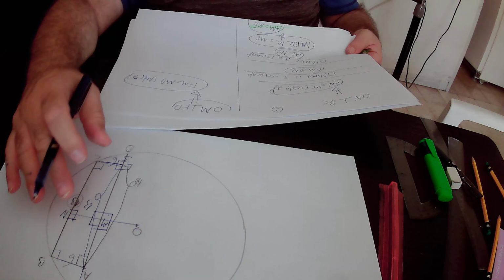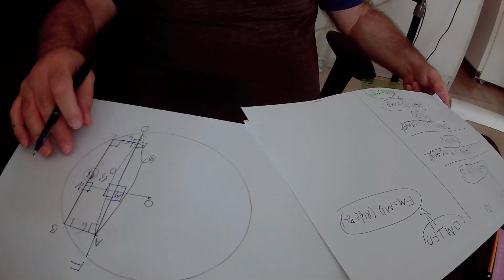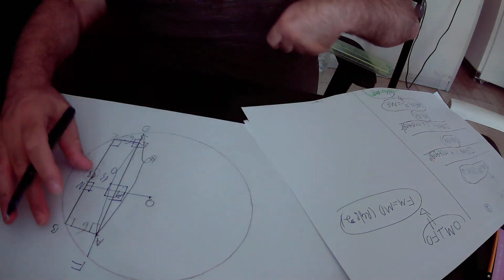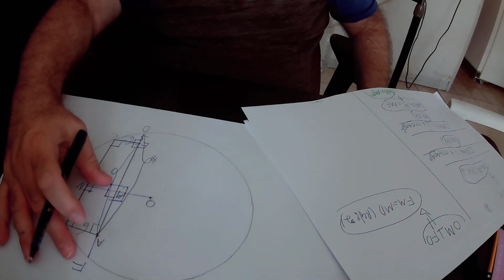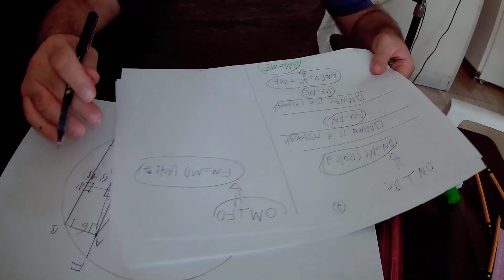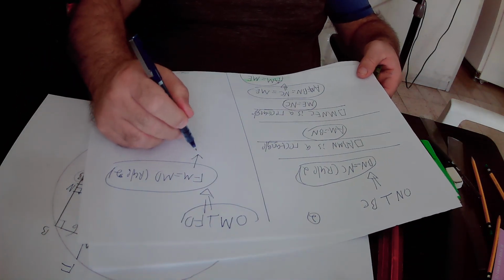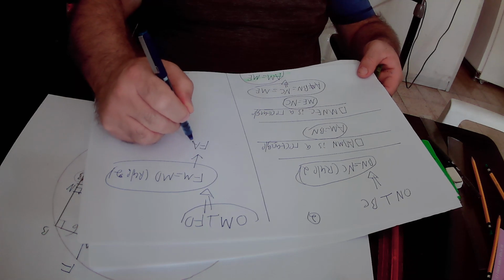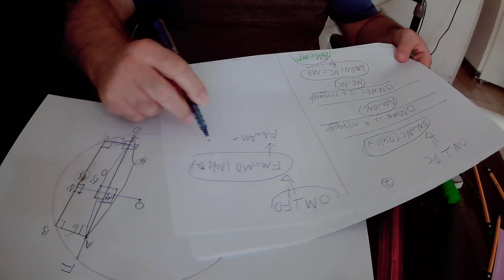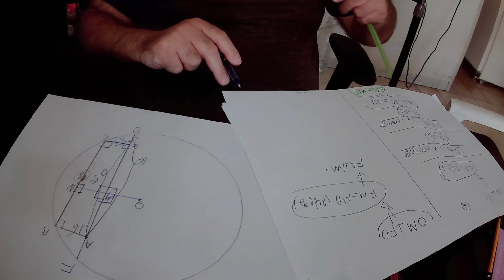But from the drawing, it is very easy to see that FM equals FA plus AM. So you can substitute FM by FA plus AM, and it is equal to MD.